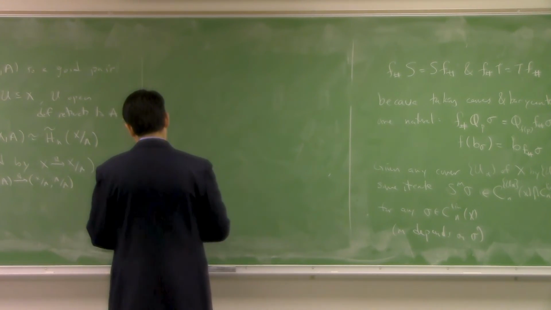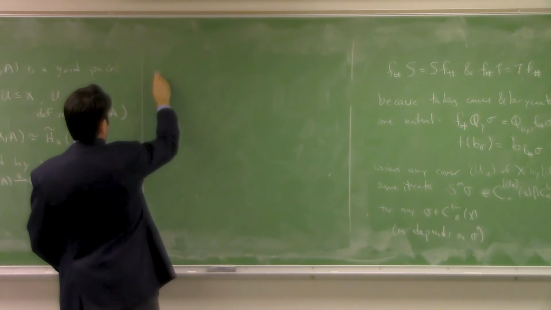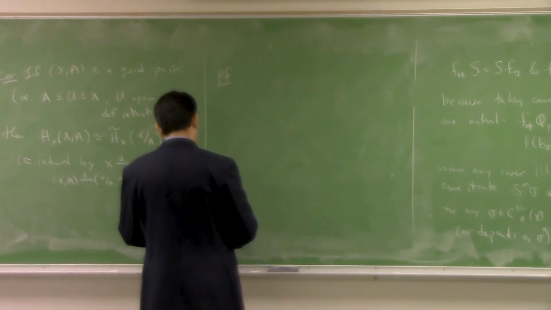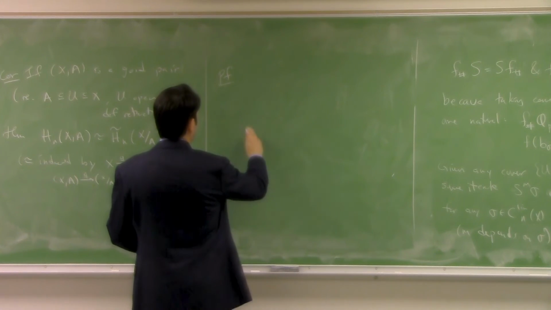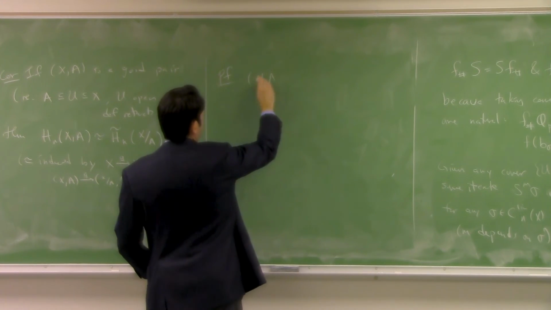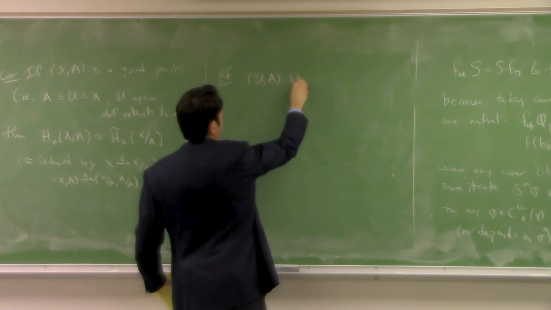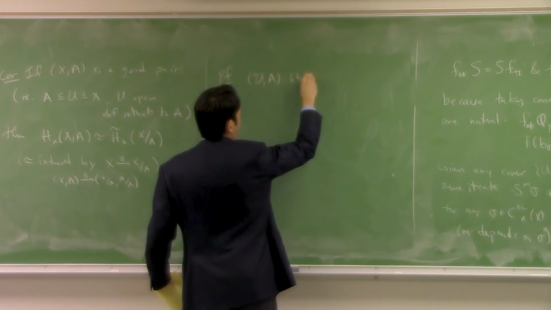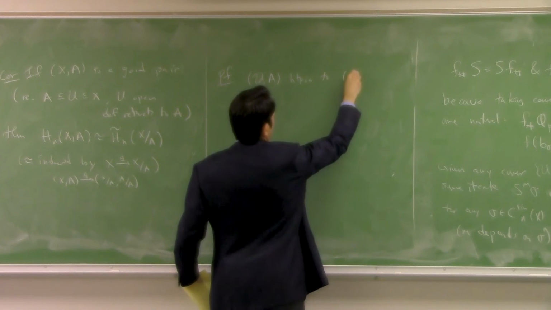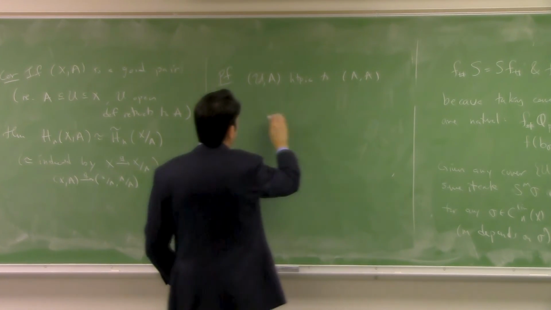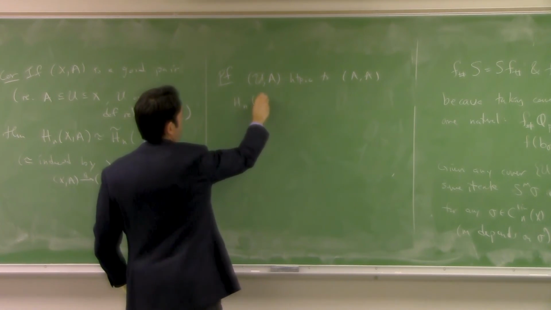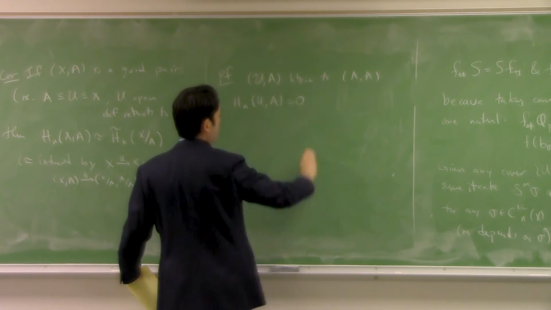Okay, so since (U, A) is homotopic, let's say, to (A, A), the homology groups of (U, A) are all equal to 0.